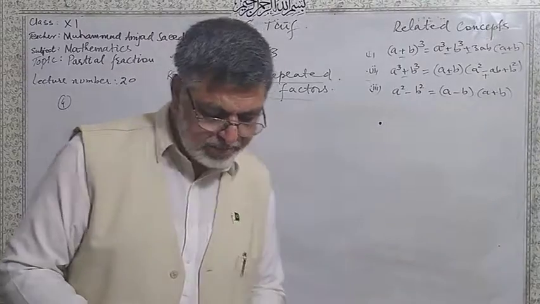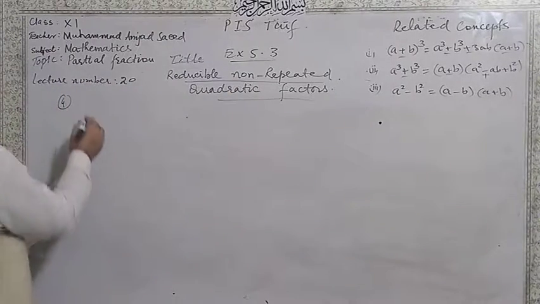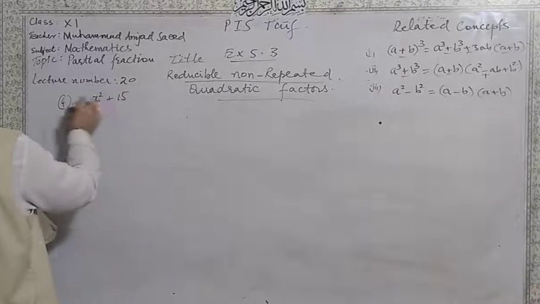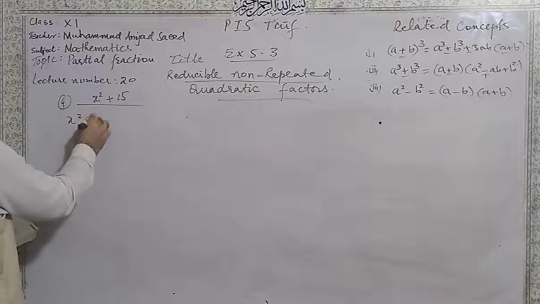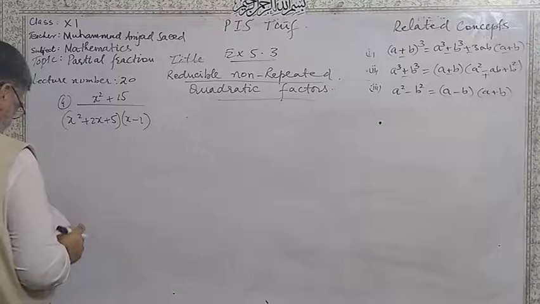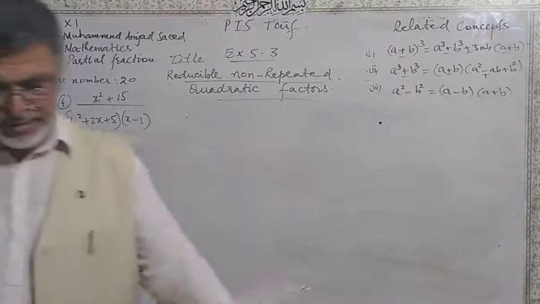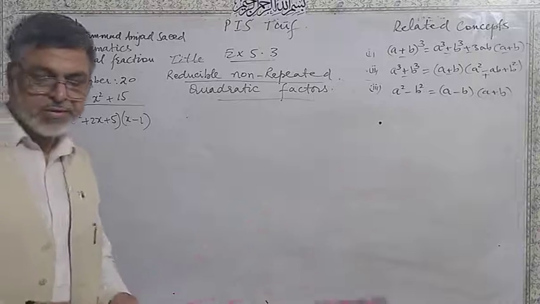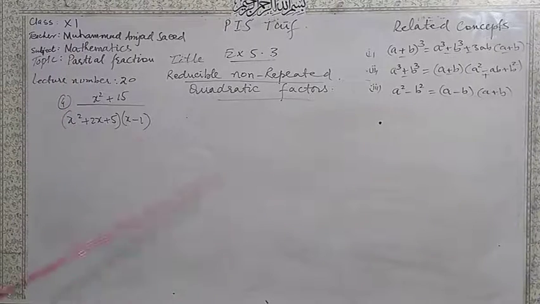This is x square plus 15 divided by x square plus 2x plus 5 into x minus 1. You can check, this fraction is a proper fraction because the degree of the numerator is 2 and the degree of the denominator is 3: 2 from here, 1 from here.